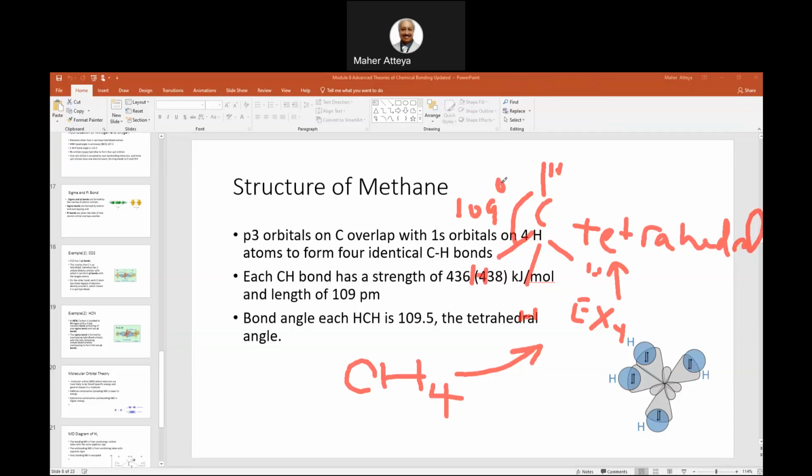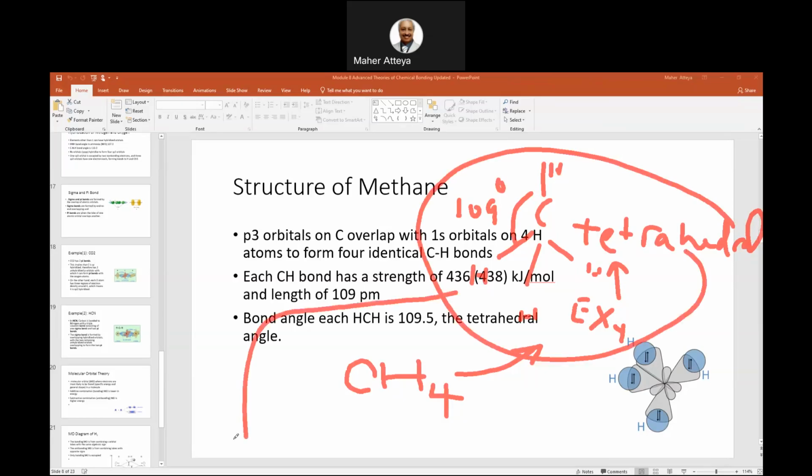From this, I can determine the hybridization. If I have 109 degrees and a tetrahedral shape, the hybridization on carbon is sp3. So sp3 has to be tetrahedral. All this information you have.